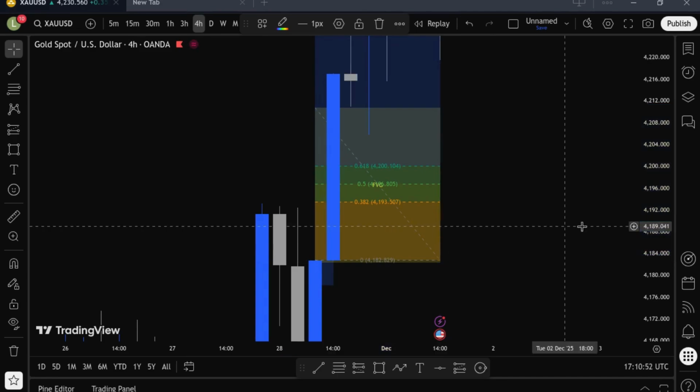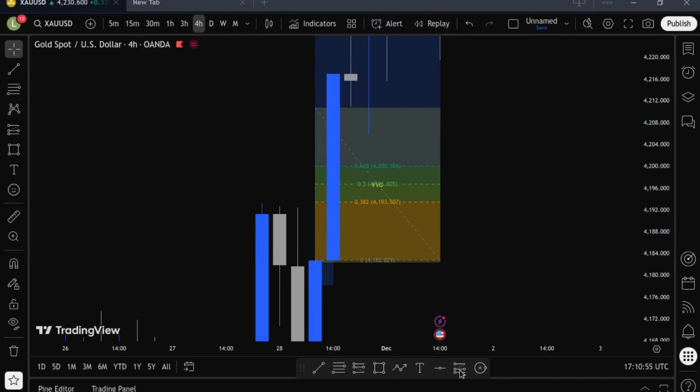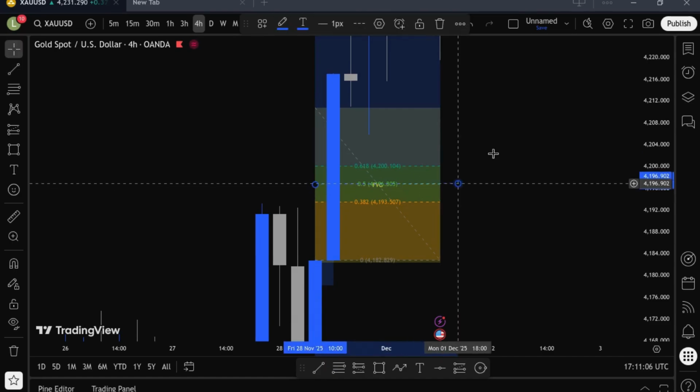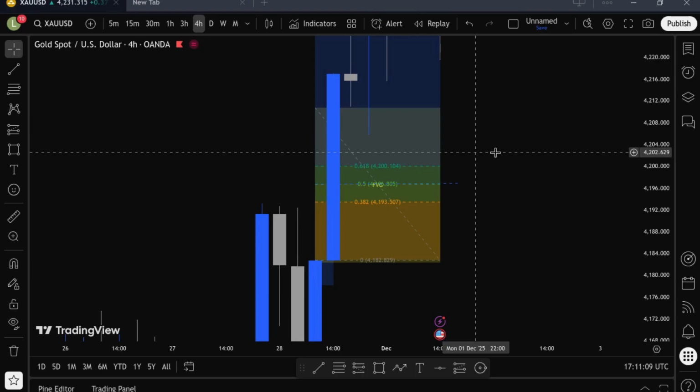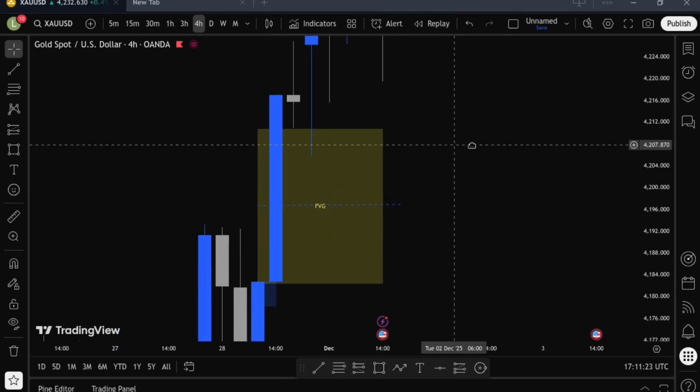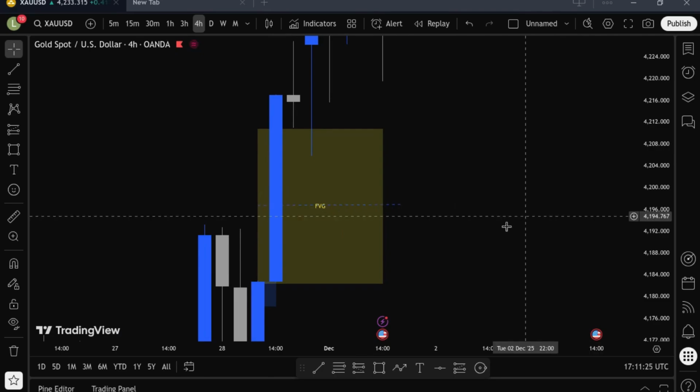This center here becomes your 50 Fib level. So this is the 50 Fib retracement level for your Fibonacci tool. In this fair value gap, this is the 50 Fib level we are expecting price to come to and bounce back towards the upside.